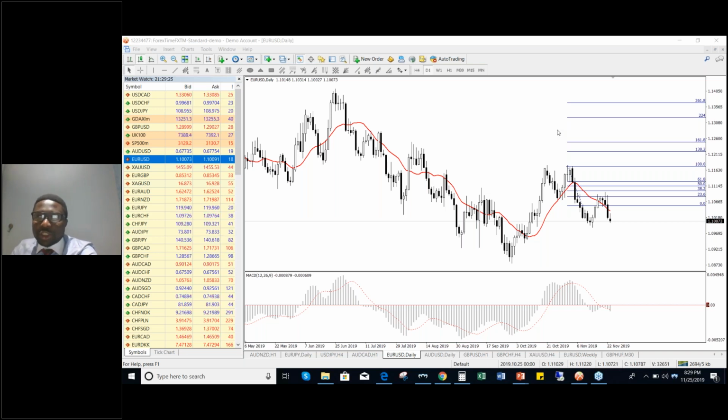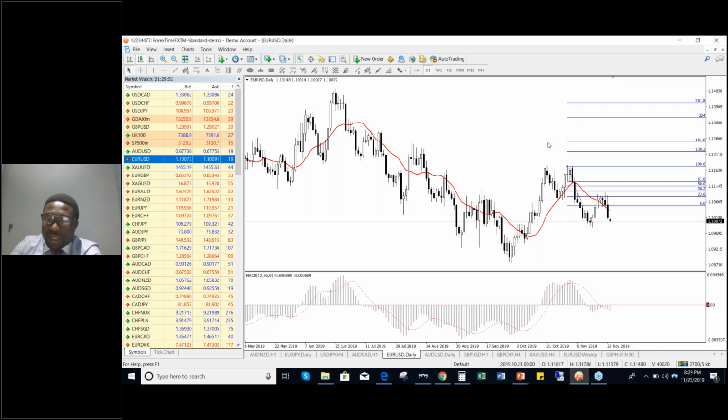Then you will see shapes. It's not written as shapes, but it's just a square, a circle, and a triangle. You tap on shapes, you will see the Fibonacci tool. Tap on Fibonacci retracement. Just drag it on your chart. It will display the default, and then you can add what you want to add.